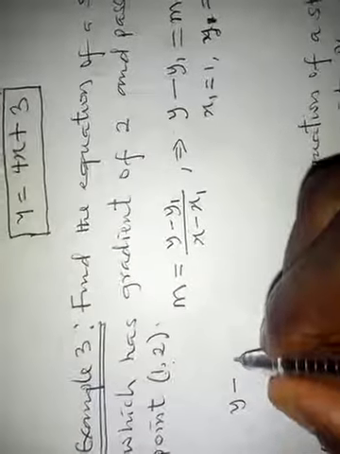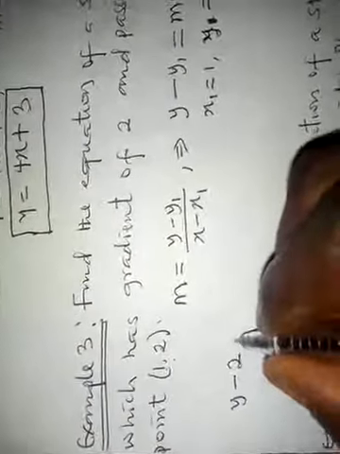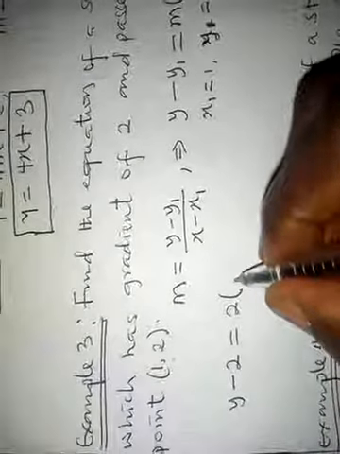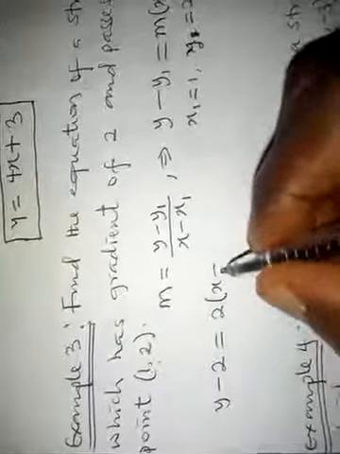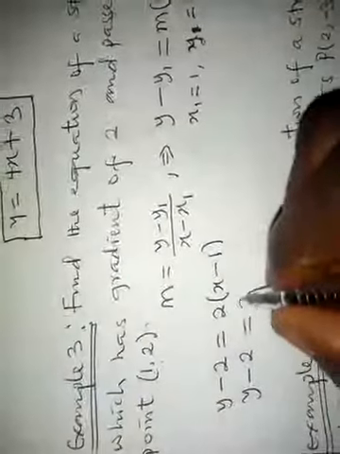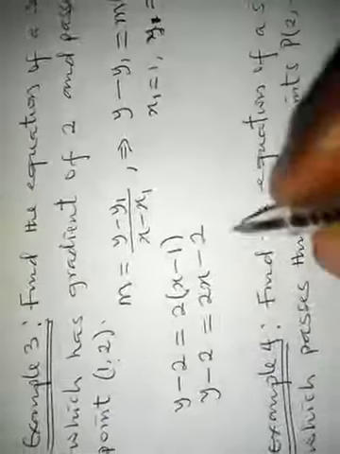So we have y minus y1, which is 2, is equal to m, which is also 2, into (x minus x1). What is our x1? Our x1 is 1. Okay, so this will give us y minus 2 is equal to 2(x minus 1). You agree with me? Okay, let's bring everything to the left hand side.